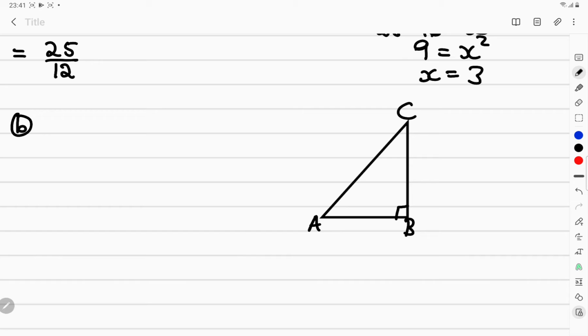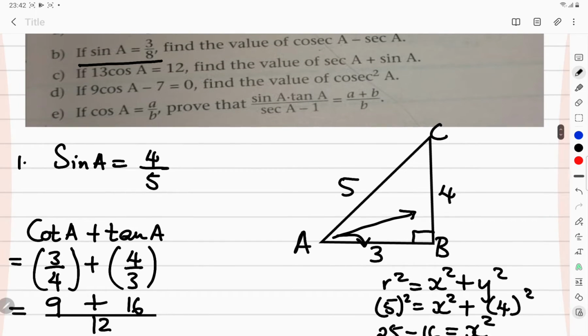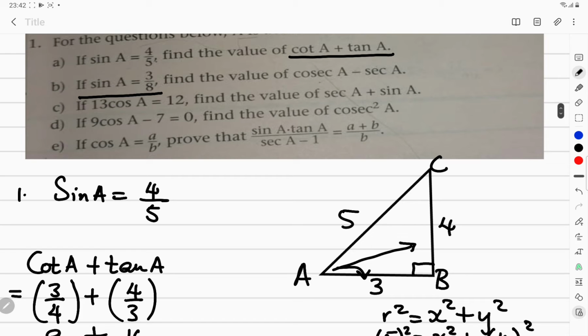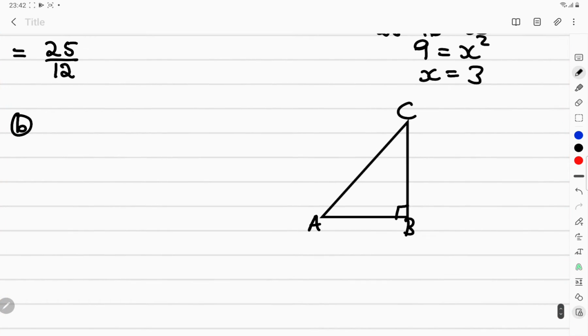We have A, B, C. So they said if sine A equals 3 over 8, we need to use Pythagoras again to get AB, which is the adjacent.